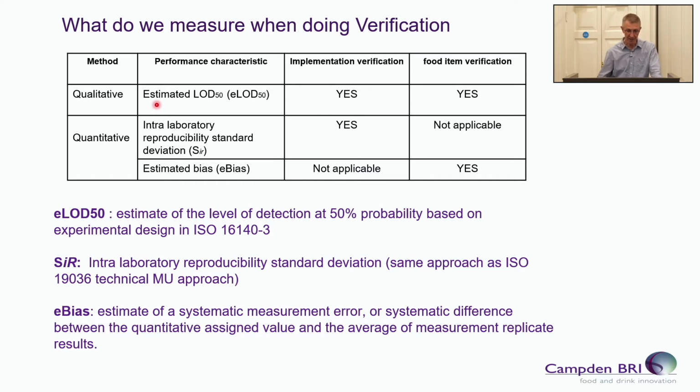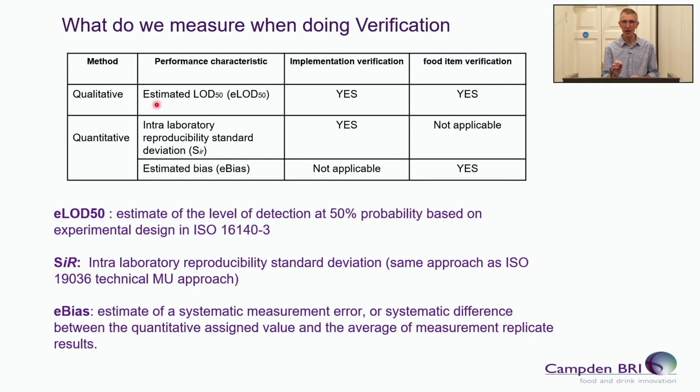Now the LOD50, as we say at the bottom of the slide, is an estimate of the level of detection at 50% probability based on an experimental design. So it's at what level do we start to only detect 50% of positives? That's what we'll be trying to measure. It's really measuring the limit of detection of the test.